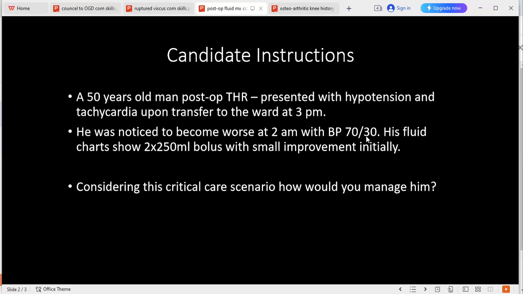Then we can assess the temperature of the peripheries, the capillary refill time, the pulse, the blood pressure, and the jugular venous pressure. And there would be invasive monitoring that includes CVP monitoring, or an invasive arterial line, or lithium dilution cardiac output measurements, or transesophageal echocardiogram.